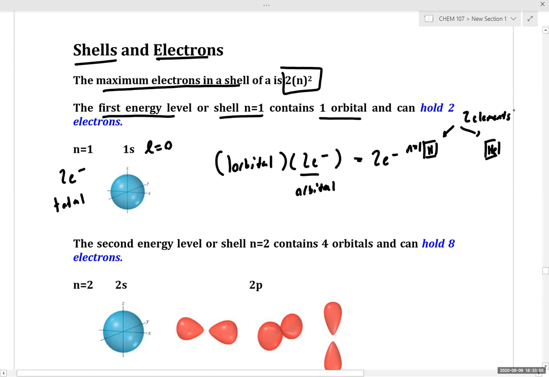Professor, for the transition elements, for example, if we pick one of those, let's say Ni, it says the number 28 on the top, right? So that's 28 protons, right? So it has 28 electrons, doesn't it? Yes, that's true.